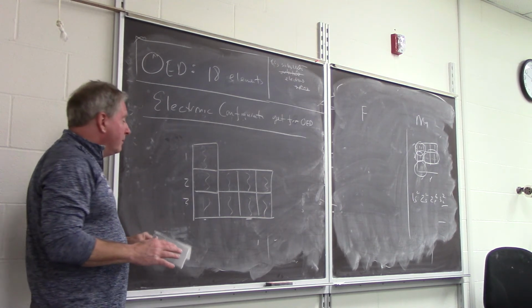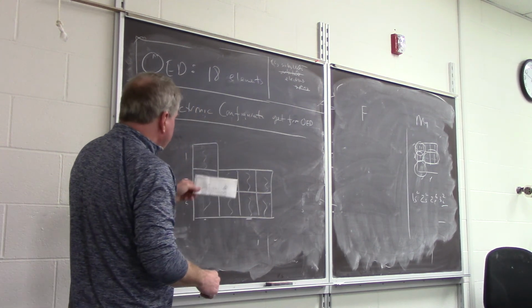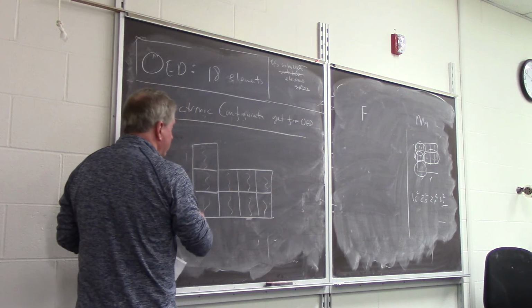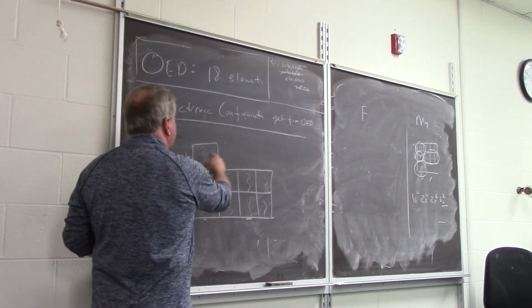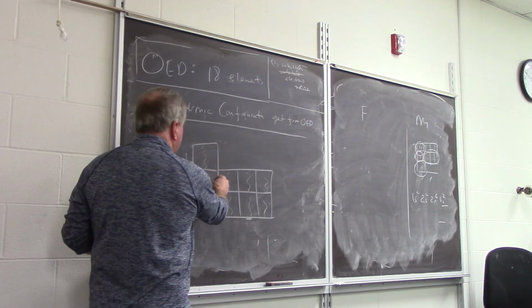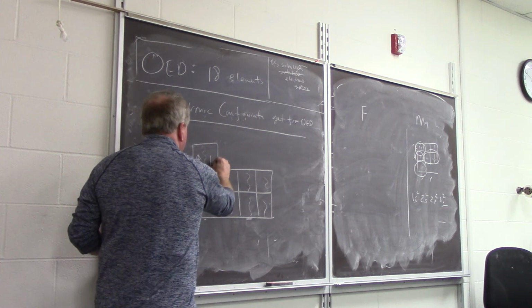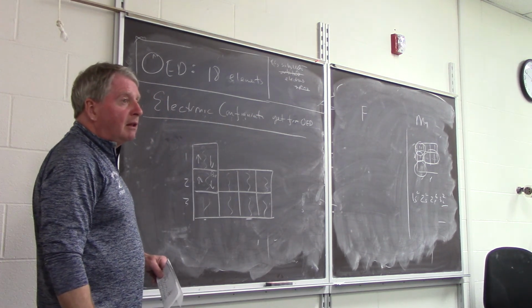But let's say we want to know the orbital energy diagram for boron. Where's boron in the periodic table? It's hydrogen, helium, lithium, beryllium. This beryllium has 4 electrons. There you go.